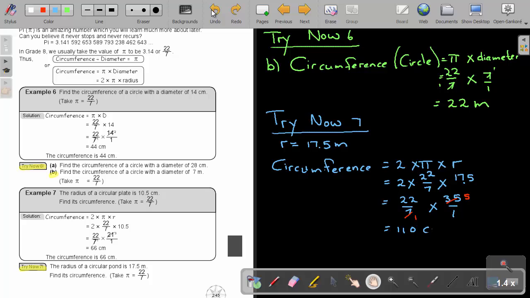Let's just redo that. It will be meters. Let's just get the pen. And we can say the circumference is 110 meters. That's the final answer.